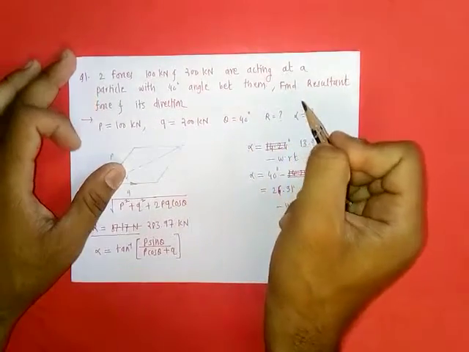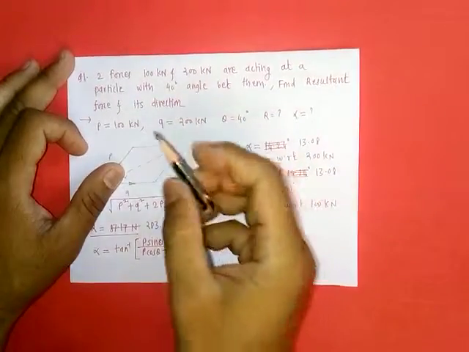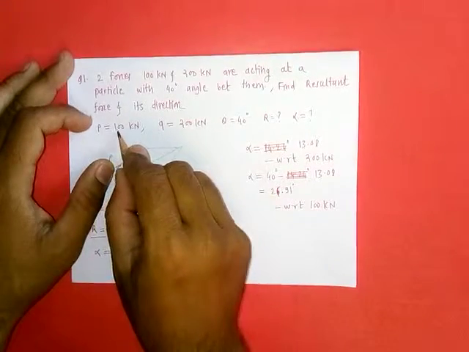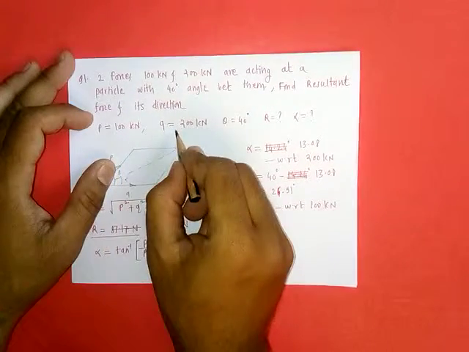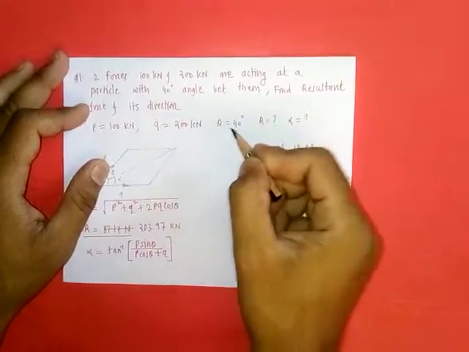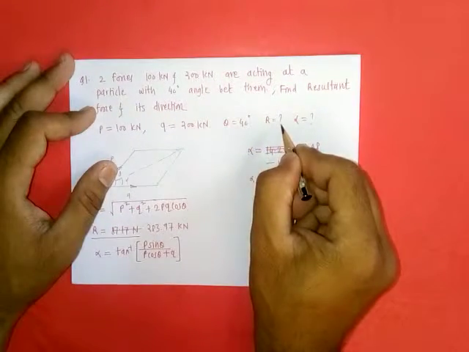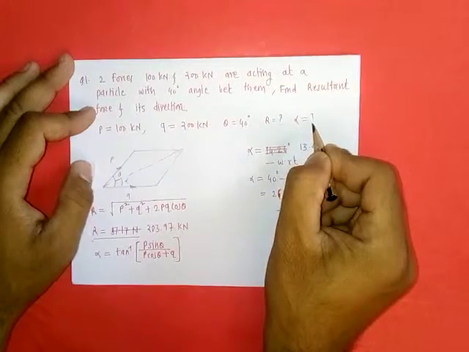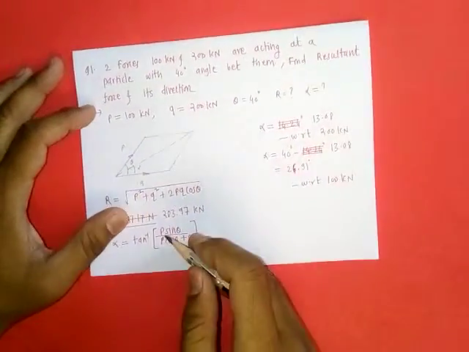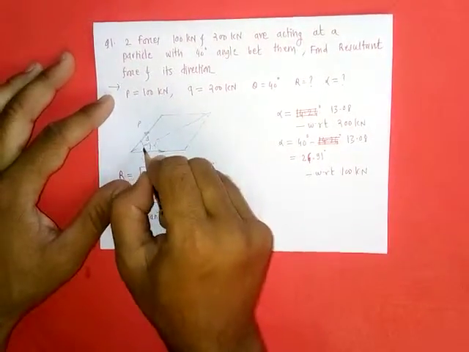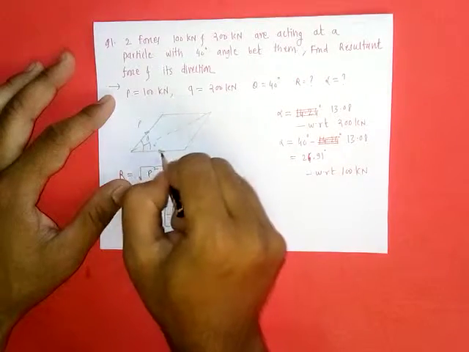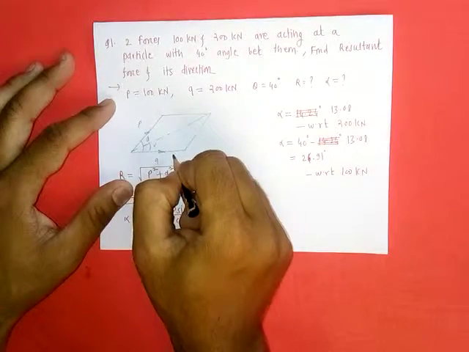Find the resultant force and its direction. Here P is 100 kilonewton, Q is 200 kilonewton, theta is given as 40 degrees, and they have asked what is R and what is alpha. This problem can be solved by using the parallelogram law of forces.